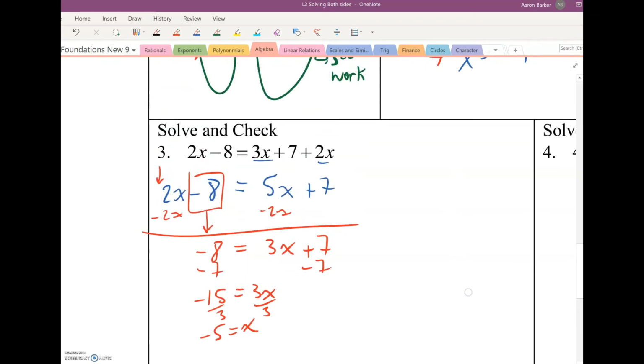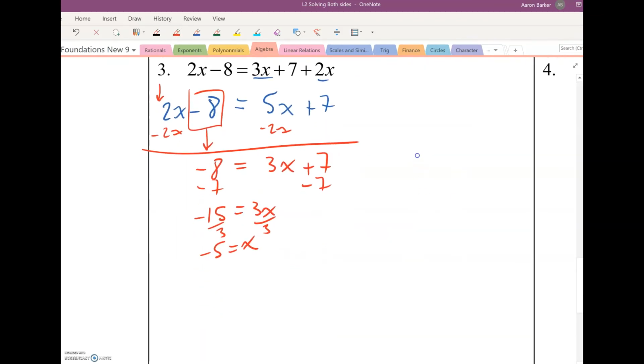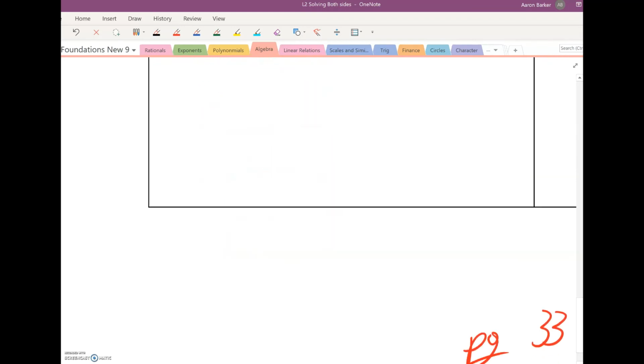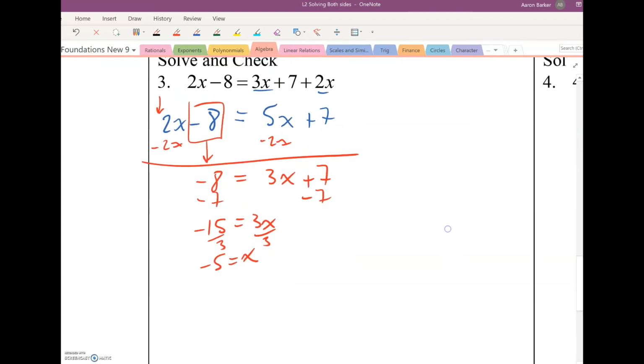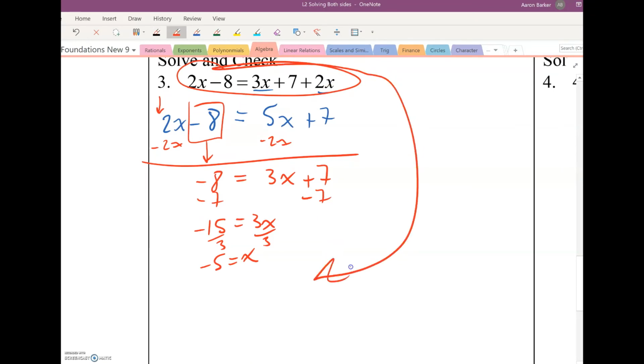Because it does say solve and check, I substitute into the original equation. So I'm going to take my original equation right here, not the second line, but the original one, and write it again. And so I will get 2x minus 8 equals 3x plus 7 plus 2x.